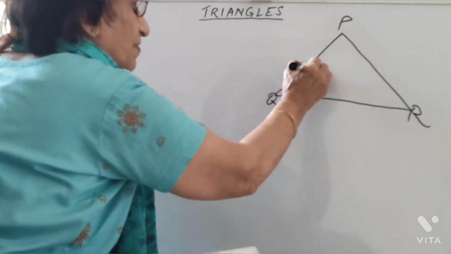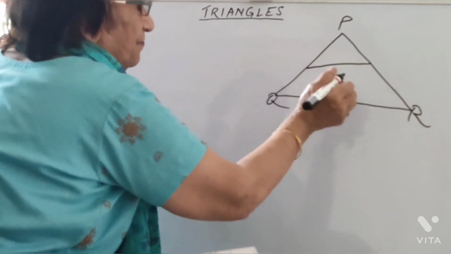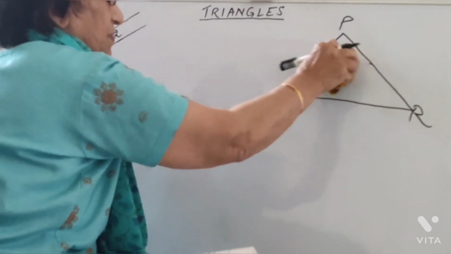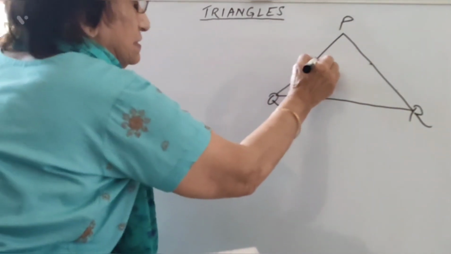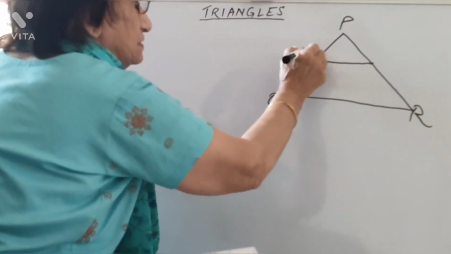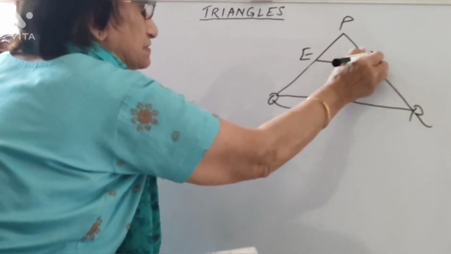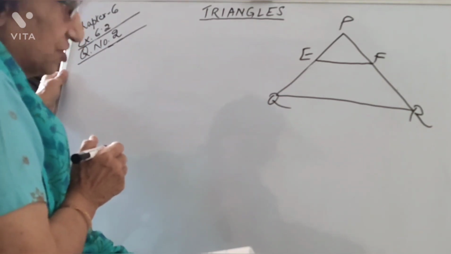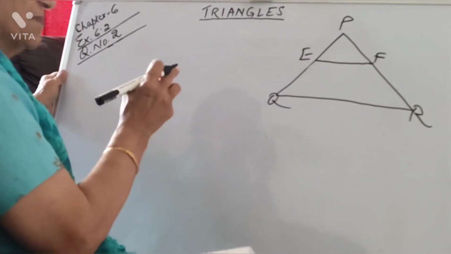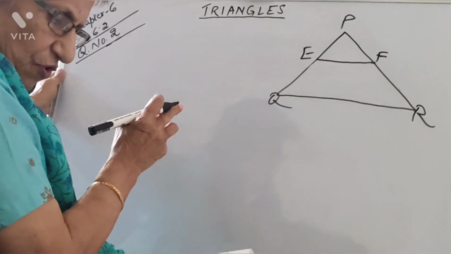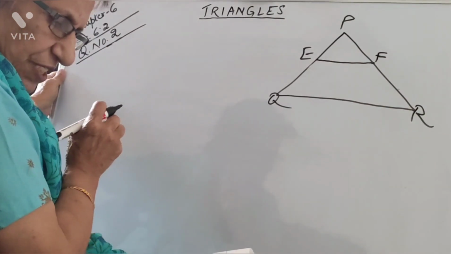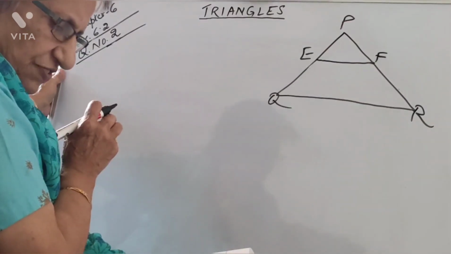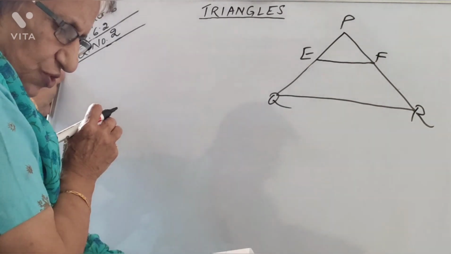E and F are points on the sides PQ and PR respectively. I have taken the point E on PQ and F on PR. For each of the following cases, state whether EF is parallel to QR.